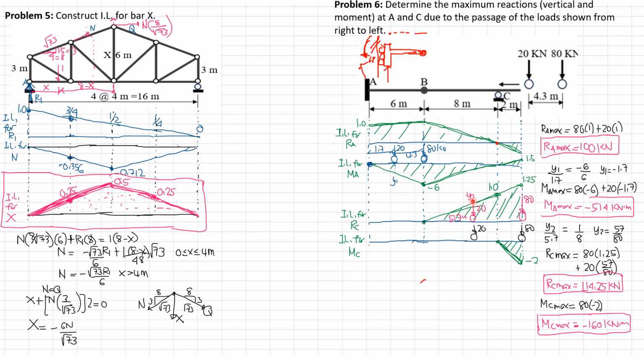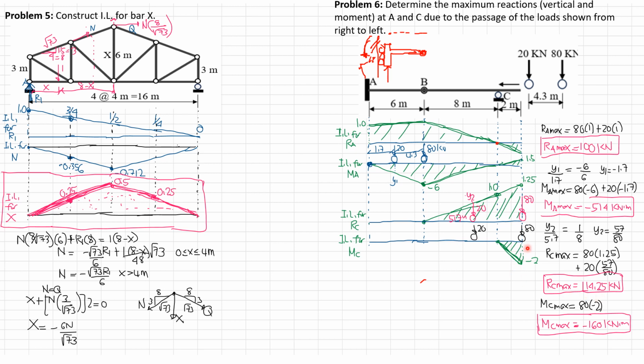So if I call that y2 by similar triangles, y2 as to 5.7 equals 1 as to 8. So y2 is 5.7 over 8. RC max therefore is 80 times 1.25 plus 20 times y2, 20 times 5.7 over 8. So RC max is 114.25 kilonewtons.